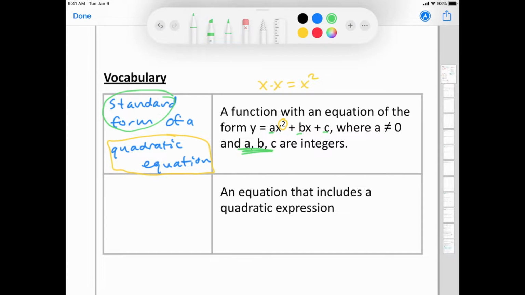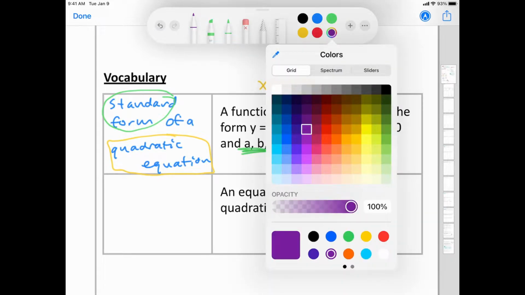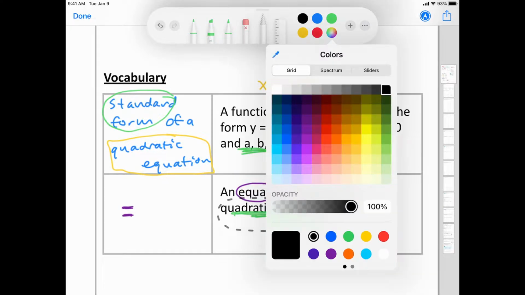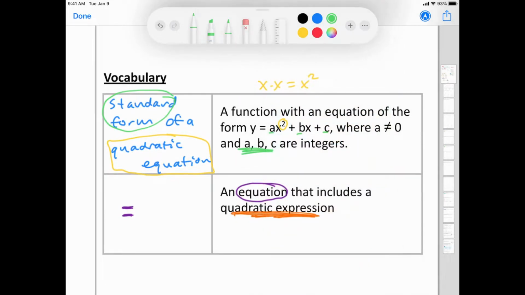Okay, an equation. So let's do this next part. Let's do it with purple. An equation, that's an equation, right? Equal sign. That includes a quadratic expression. The quadratic expression is this part right here: ax squared plus bx plus c.